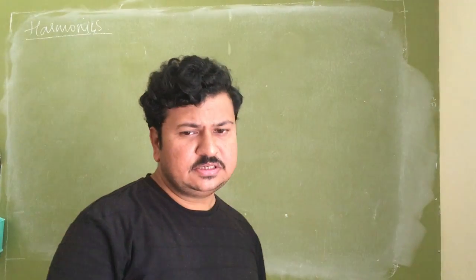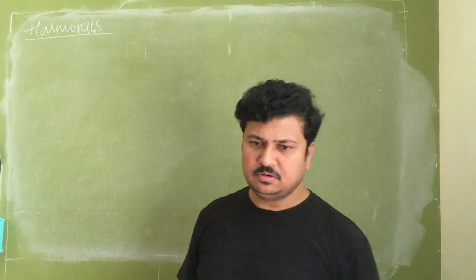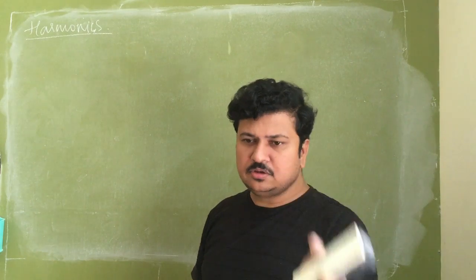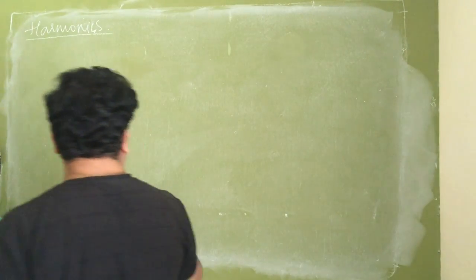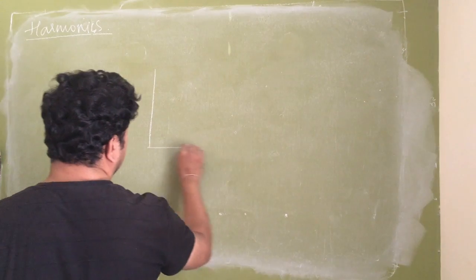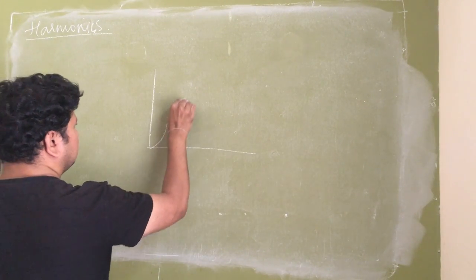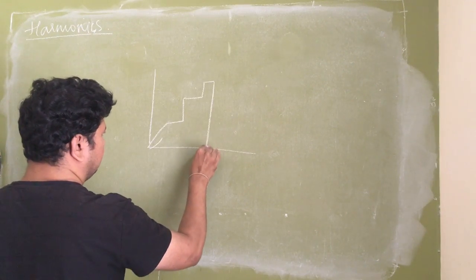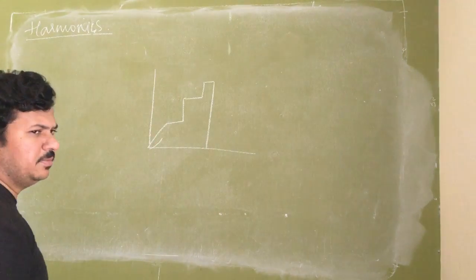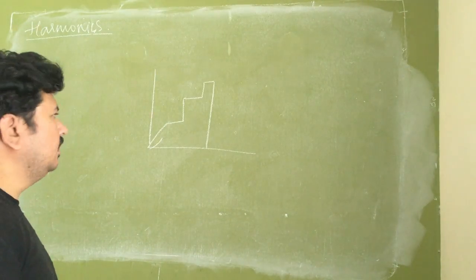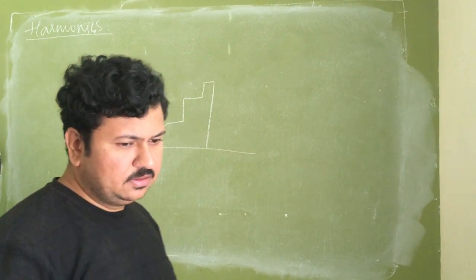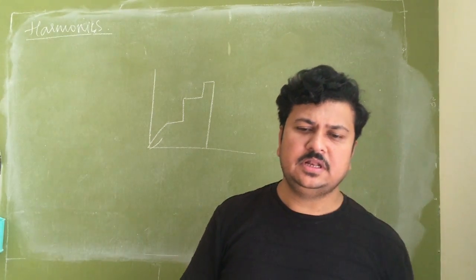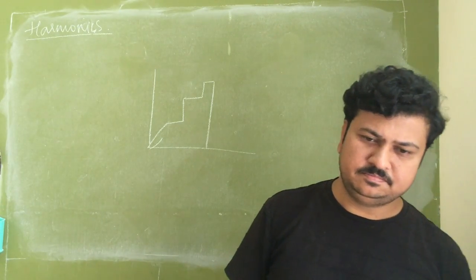Now, what are harmonics? You have studied signals and systems. There you did so many examples on many signals. Whatever may be the shape of a signal, you have calculated the even component and the odd component of that signal.